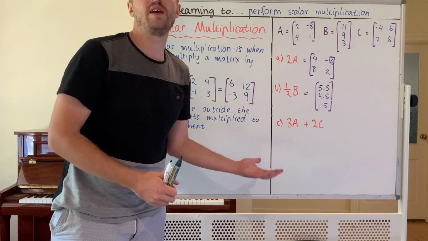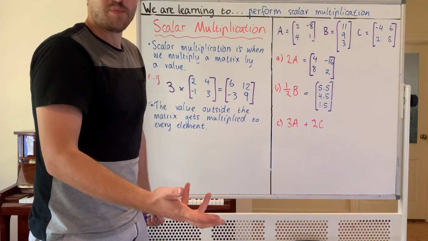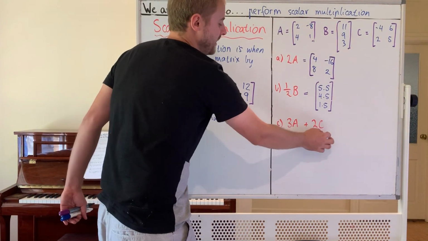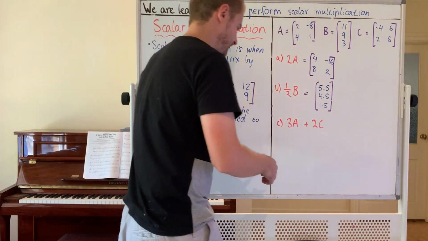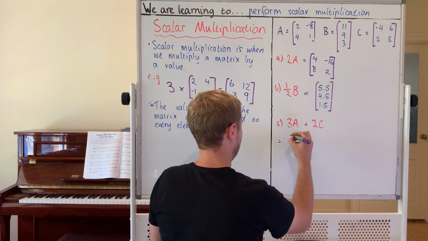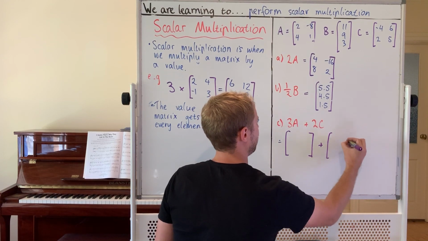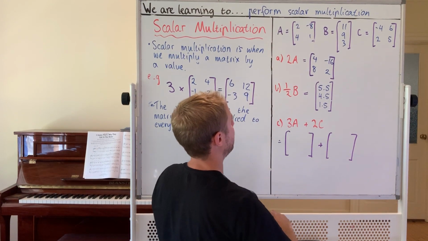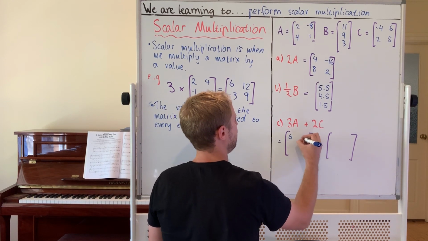Now with the last one, we're going to have a couple of steps. The important thing is that it's like with your normal big maths. We're going to multiply these matrices by their scalar first, then we're going to add them together. All right. So, firstly, 3 times A, 3 times each of those elements.